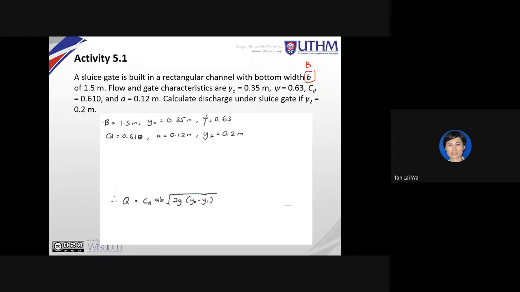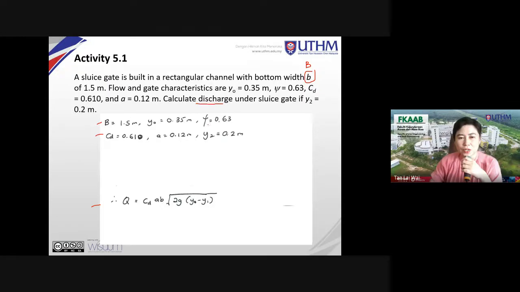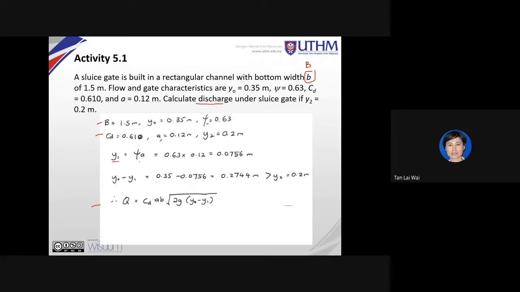Now these are provided. The question asks us to find discharge, so you are going to use this formula. Is y1 given? Since y1 is not given, you have to find y1 first. We know that y1 is equal to psi times a, which is 0.63 times 0.12, giving 0.0756.